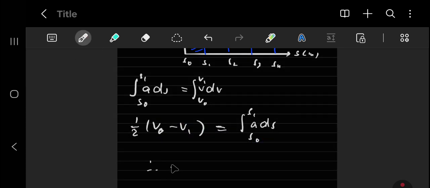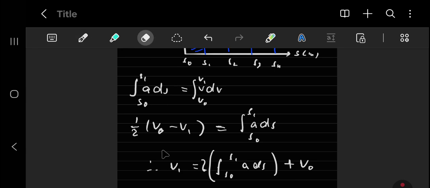Therefore V1 is going to be equal to the integral from S0 to S1 of ADS, multiplied by 2 to get rid of the half there. So multiplied by 2, and then I'm going to add V0, because I'm interested in V1.